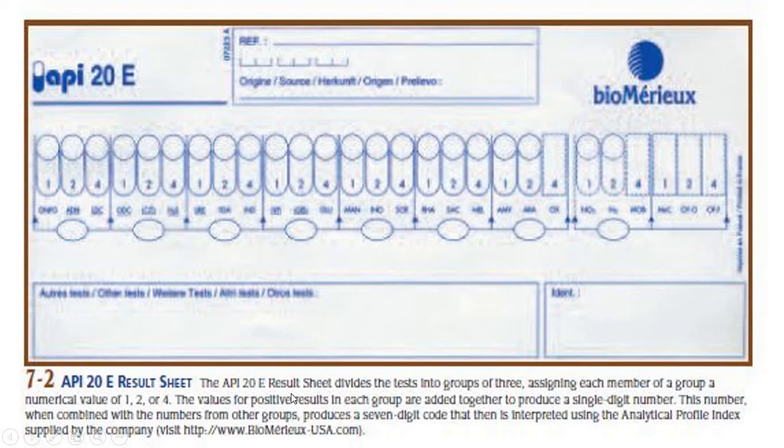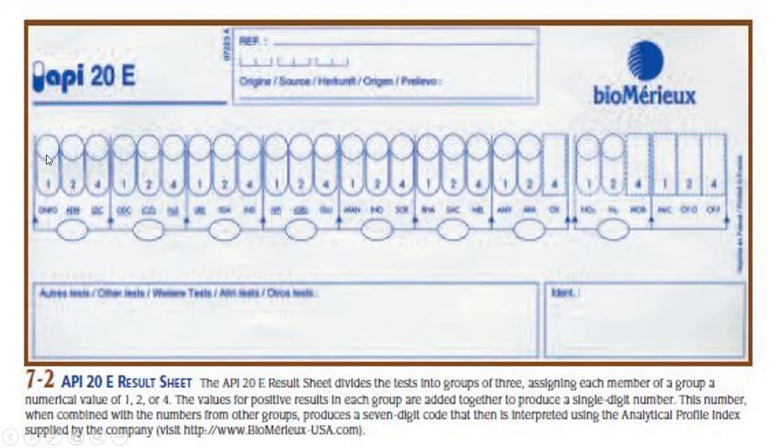The API result sheet divides the tests into groups of 3 like this. Here you can see this group is divided into 3 tests, and each has a specific code.